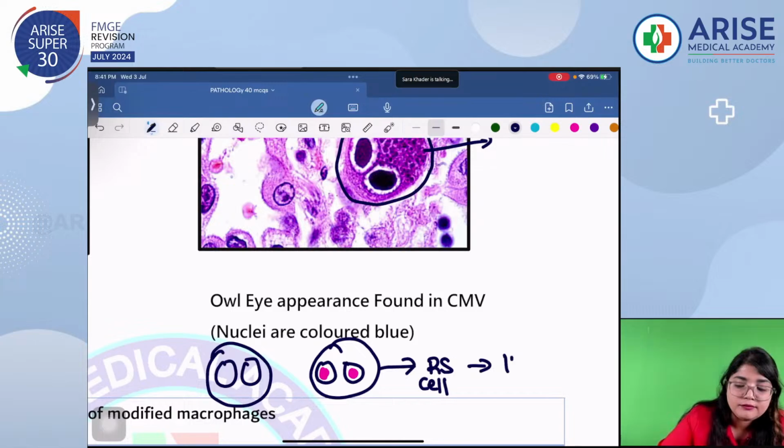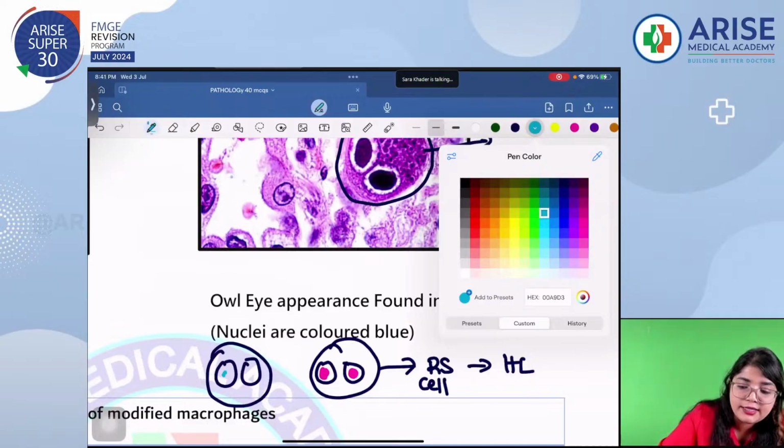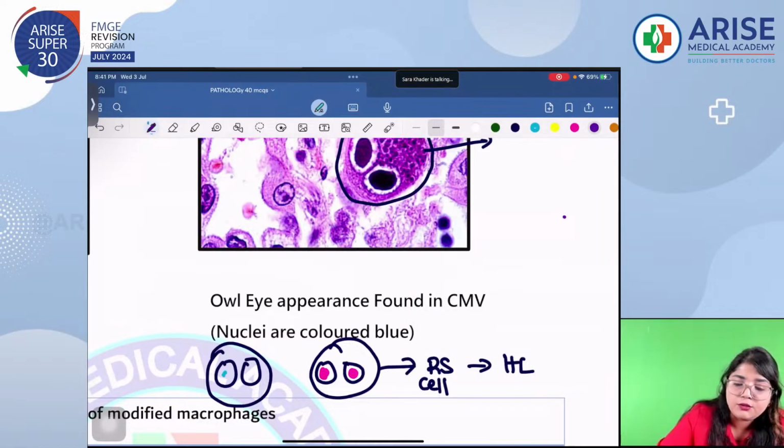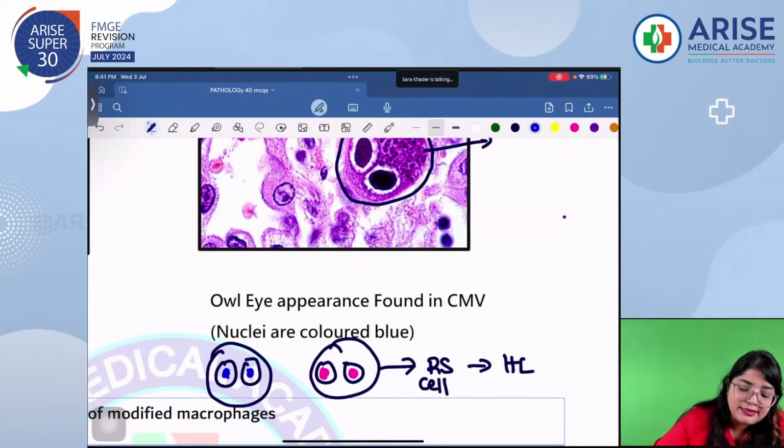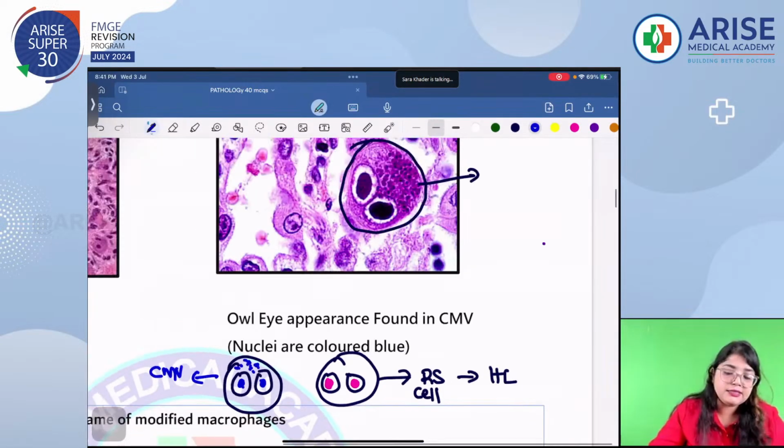But the same thing, if this nuclei is blue in color, then that is CMV. Plus also you have intracytoplasmic inclusions. So this is seen in CMV.